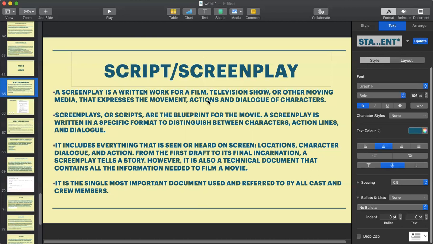So a screenplay or a script has to be written in a specific format. There is a format. In that format only we have to write a screenplay to distinguish between characters, action lines, and dialogue. How the character will behave, where the location will be, what the character will say. Okay, in a story you may not write any dialogues.